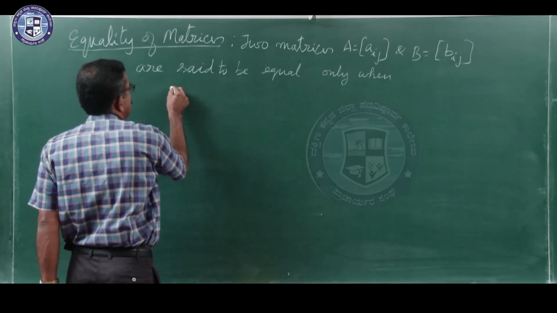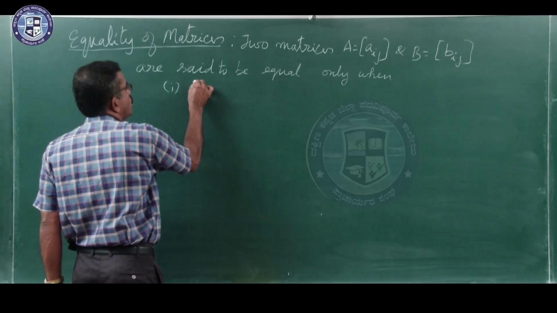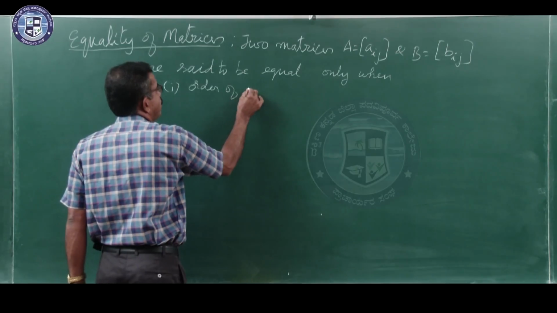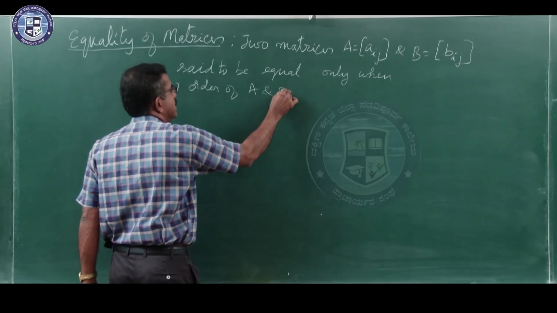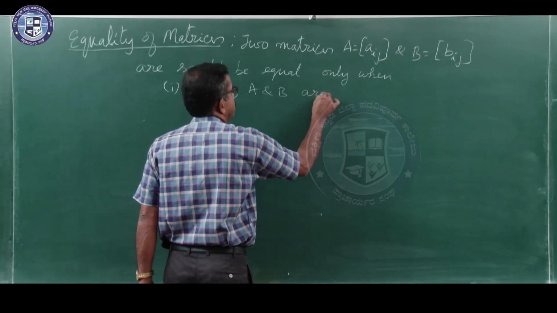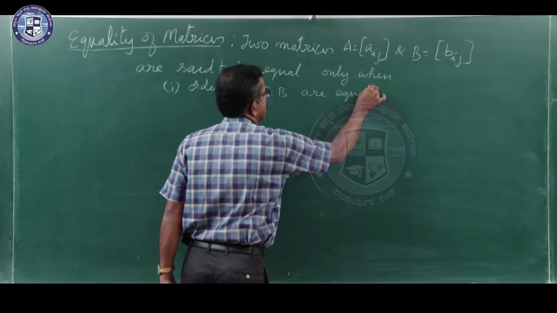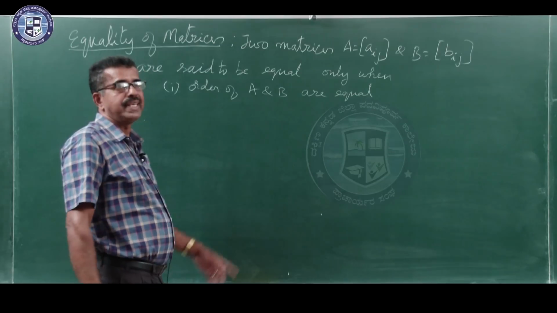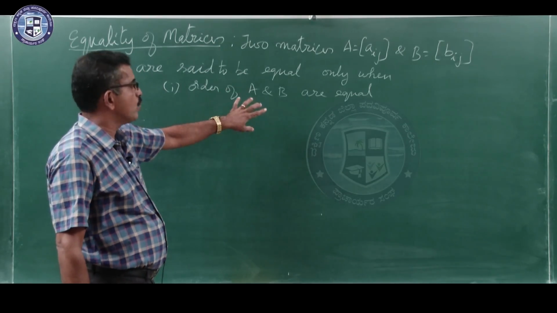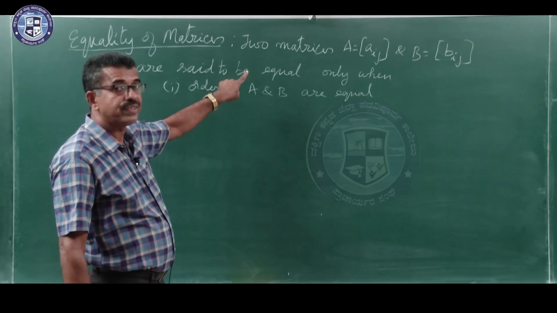The first condition is that the order of A and B must be equal, or A and B are of the same order.